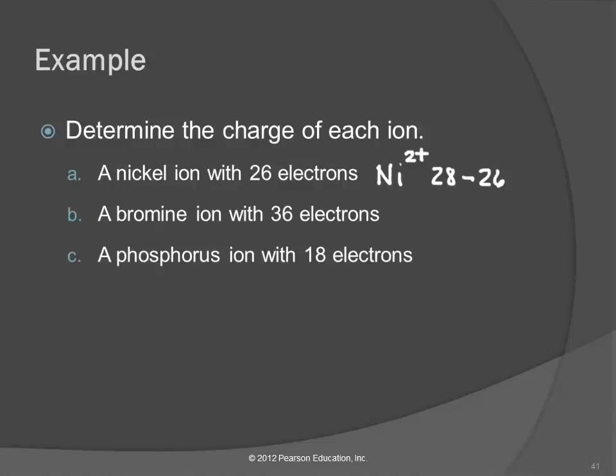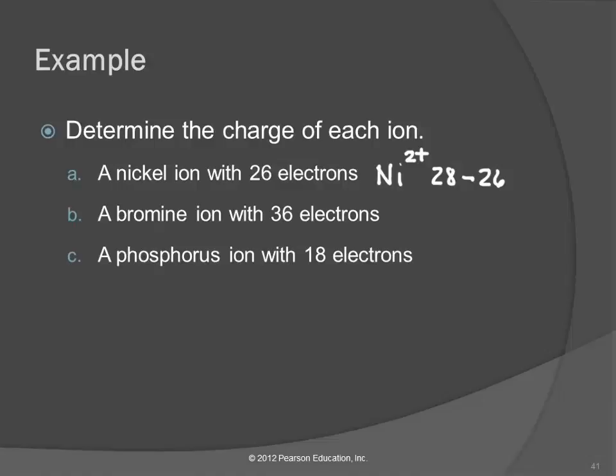The number of protons is what identifies it as that element. It's like your soul, your personality. You can change your clothes, you can change your hair, you can do all sorts of crazy things to the outside of you, but you're still you, aren't you? You can't change who you are inside.